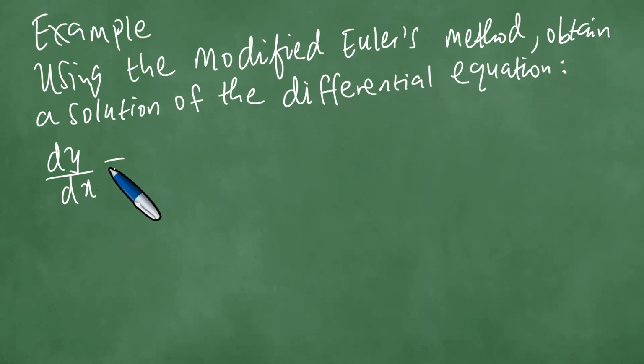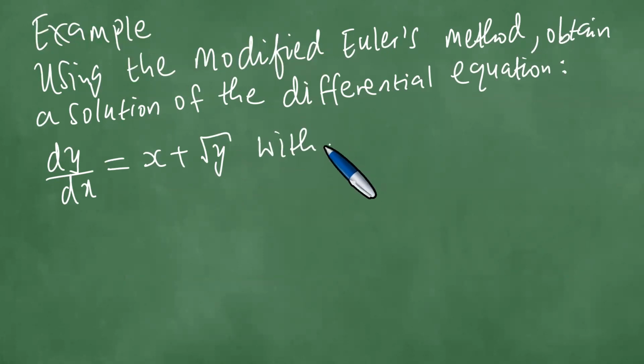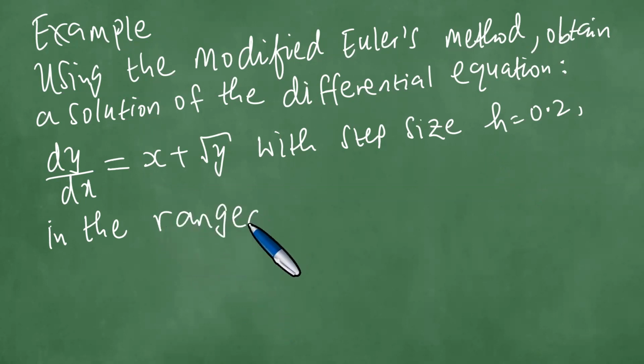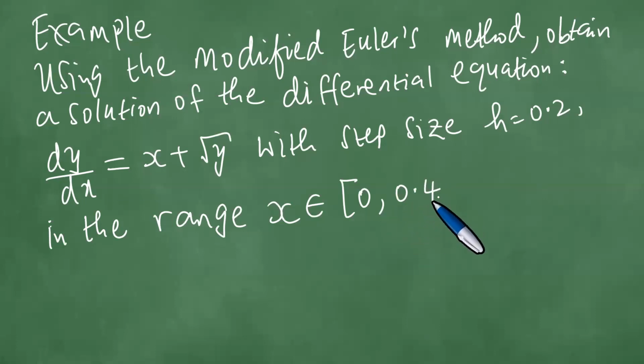dy/dx equals x plus the square root of y, with step size h equal to 0.2, in the range x from 0 to 0.4.